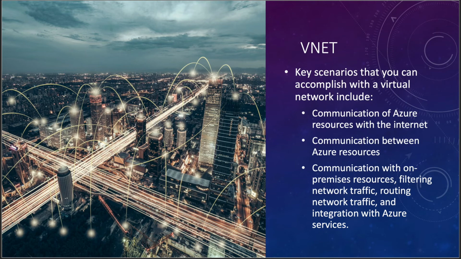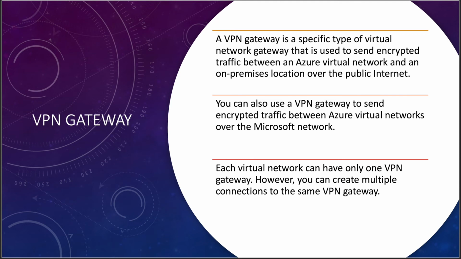And communication with other on-premise resources, especially, when they mean by on-premise, that's your database or your data center, that you're going to be routing network traffic and integrating with other Azure services as you kind of go through. So the VNets are pretty powerful when it comes to that process. It's basically your fundamental network.